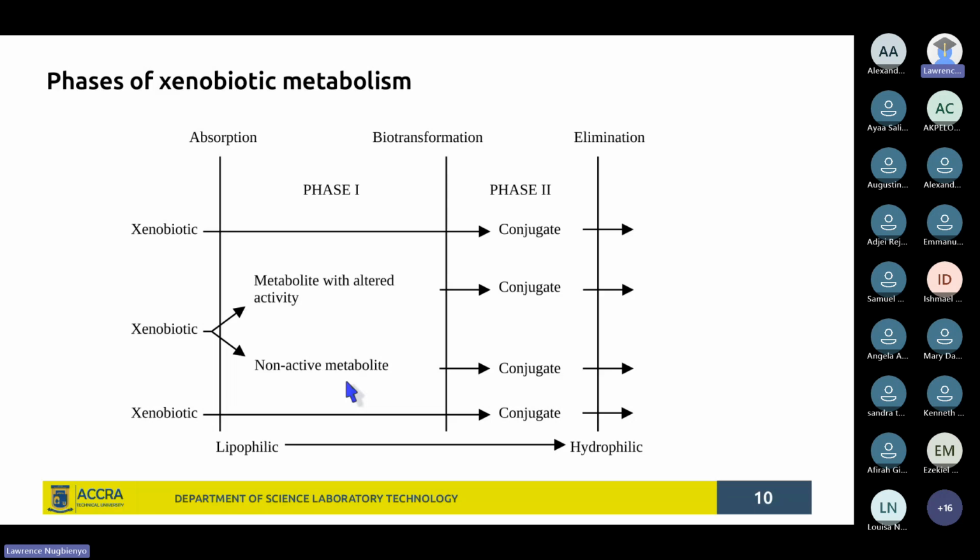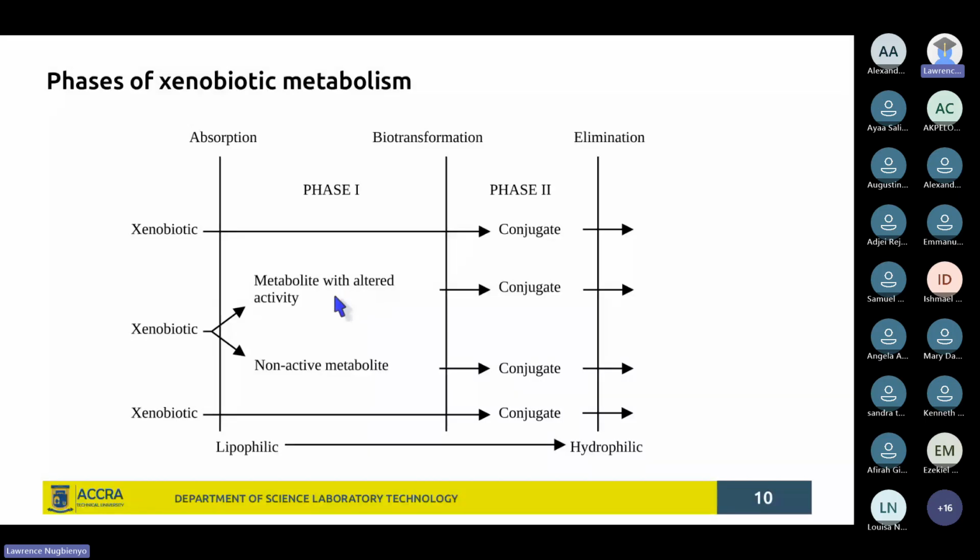The substance is no longer toxic after the phase 1 reaction. It's a non-active metabolite. Or you can have the metabolite still being active, and that metabolite sometimes can even be more active than the substance itself, which, of course, even though the body meant to detoxify, has rather caused toxification or toxication.